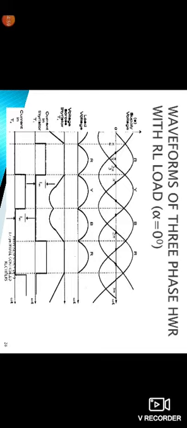Here are the waveforms of the three phase half wave rectifier with RL load with alpha equal to 0. First the supply voltage: R starts from 0, Y starts from the negative side at minus 90 degrees, and B is taken as plus 90 degrees.